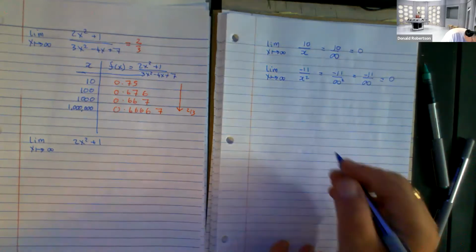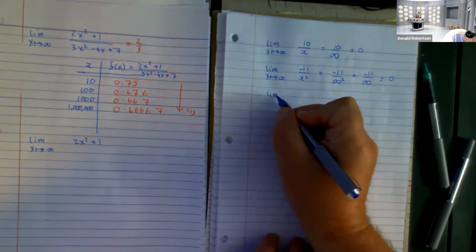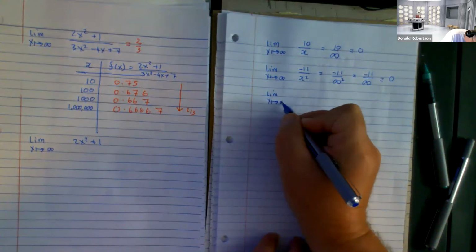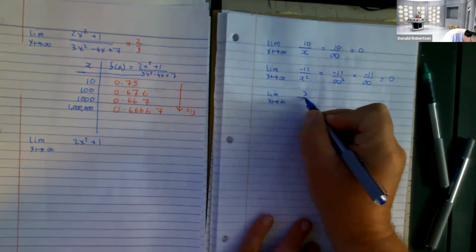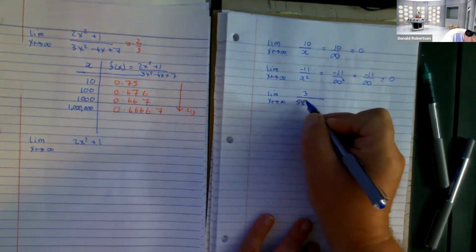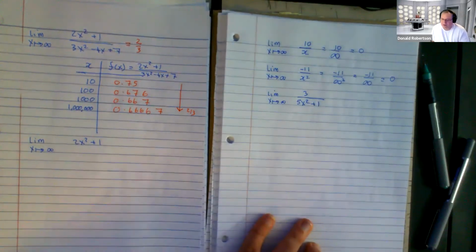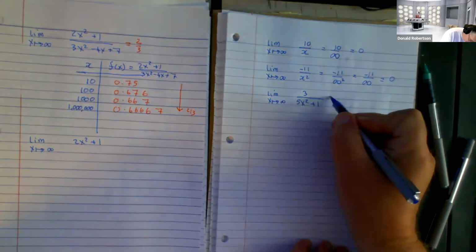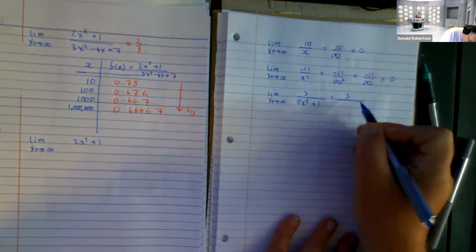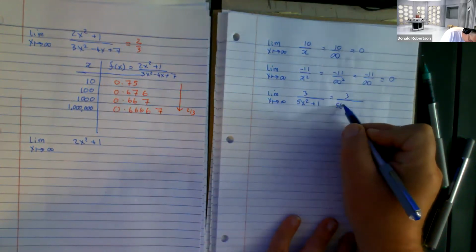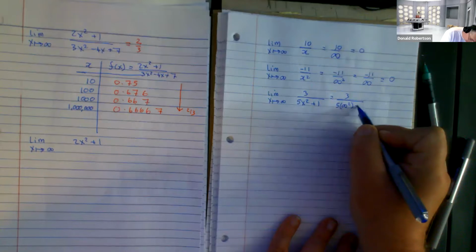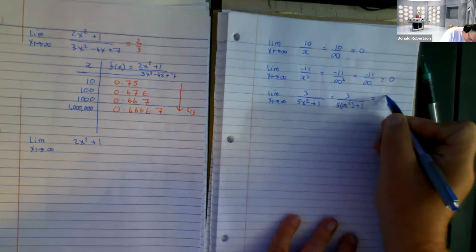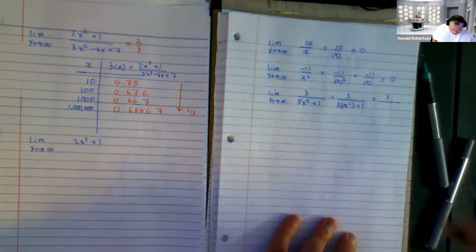Now, continue with this process. Let's do that guy. As an infinity calculation, basically we call this brute force, right? I would get 5 infinity squared plus 1. Okay.